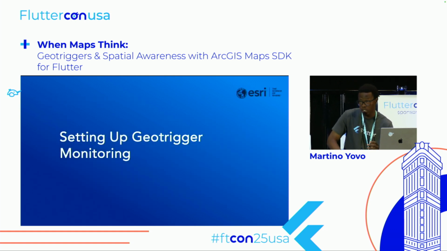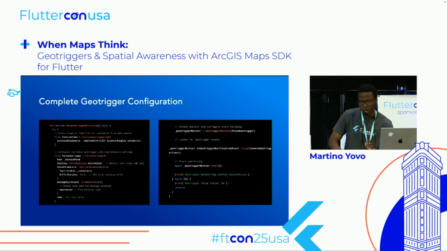Next you need to define a geotrigger monitor. This is actually the root of the whole thing, because it is going to help you monitor everything that is happening on the map, and then trigger messages or text when it's needed. So here is how to set it up.